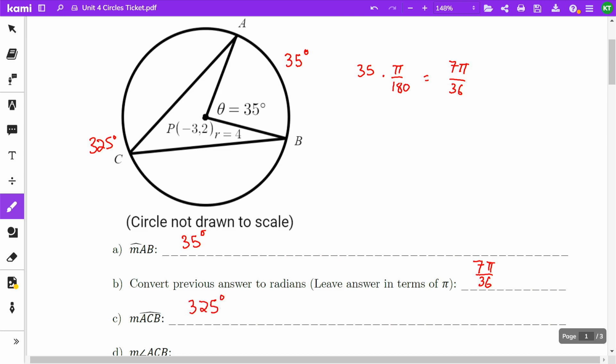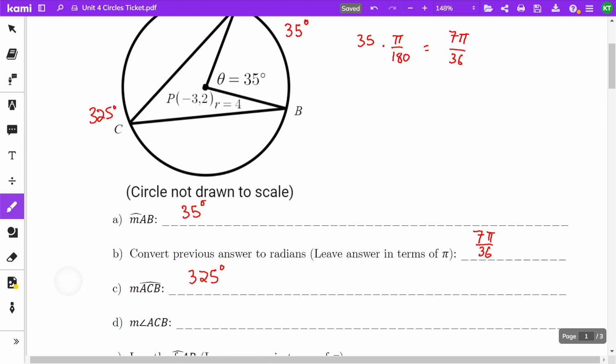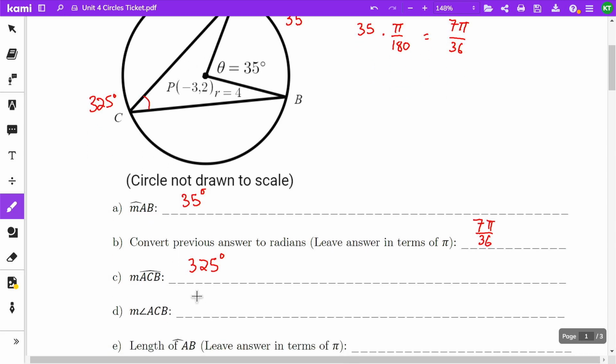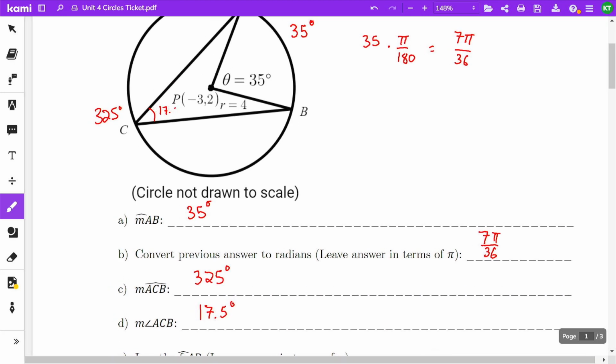And then the next angle it's asking me for is angle ACB, which is our inscribed angle right here. If we remember the definition, our inscribed angle is going to be half the measure of our intercepted arc. So 35 divided by 2 is going to give me 17.5 degrees.